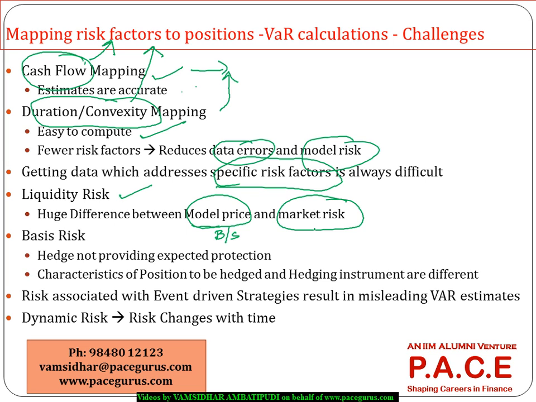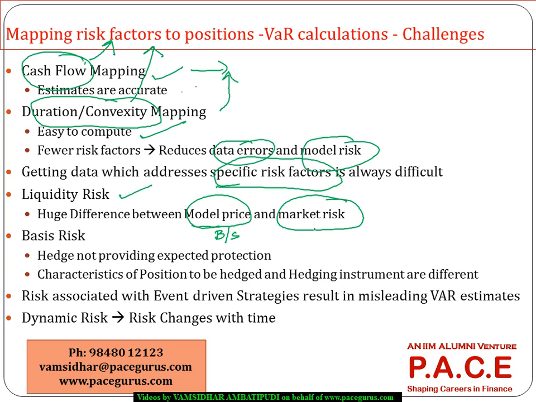Or if I want to buy it, the model based on market risk says you can buy it at X, but because of the liquidity issue, I may not be able to buy it at X, and may have to spend quite heavily to purchase it at much more than X. So whatever difference comes because of the model price versus the market price is what we associate to liquidity risk. While building our model, even that liquidity risk and its impact needs to be taken into consideration.